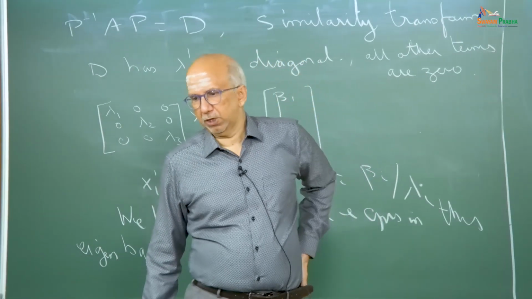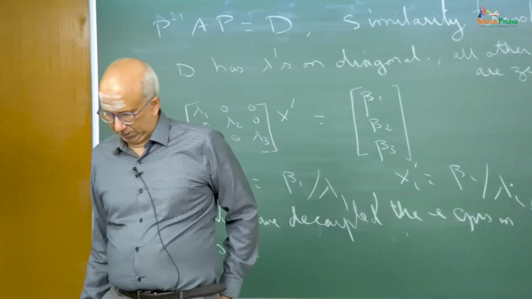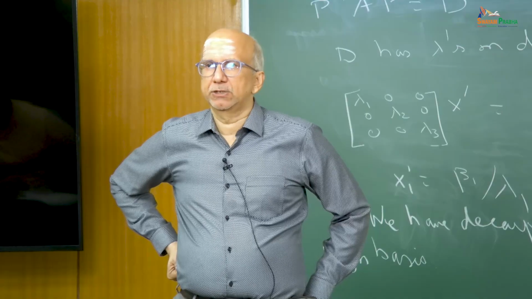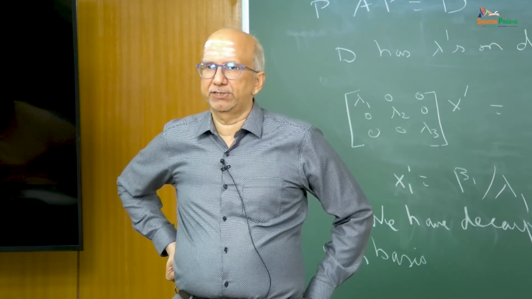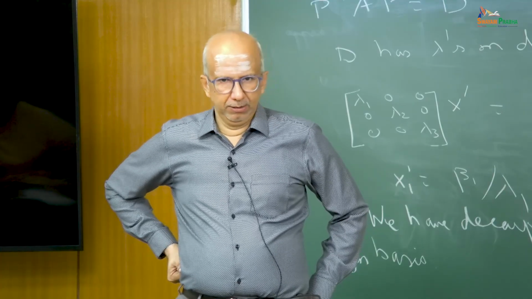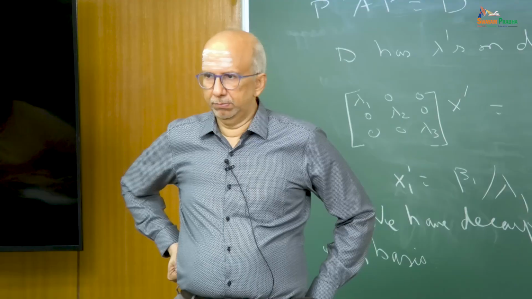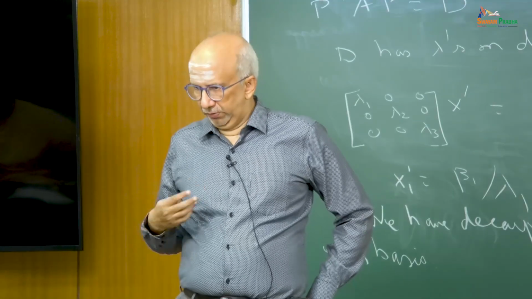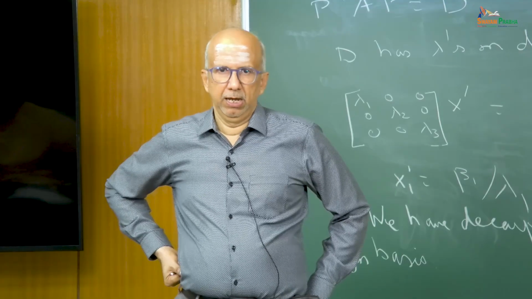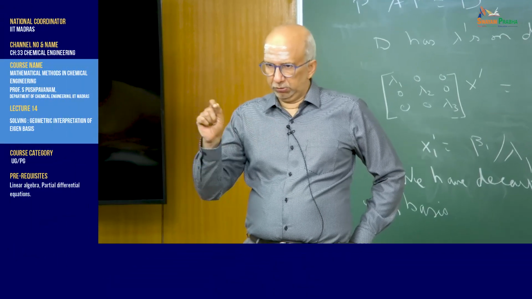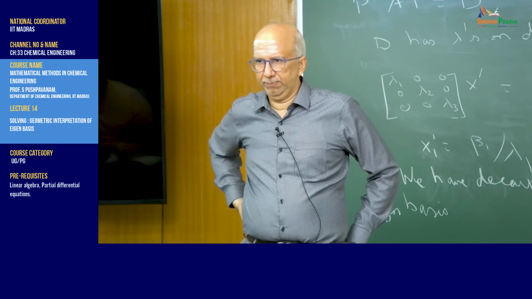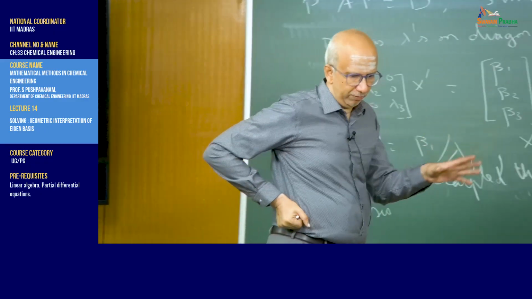Okay. So, I just wanted to make you aware that this concept of similarity transformation, where we are converting a matrix to a diagonal form, is what we have used when doing this representation in terms of eigenbasis, and which helps me solve one equation at a time, and then I go back and find the solution. Okay. So, that is the perspective I wanted to give you.